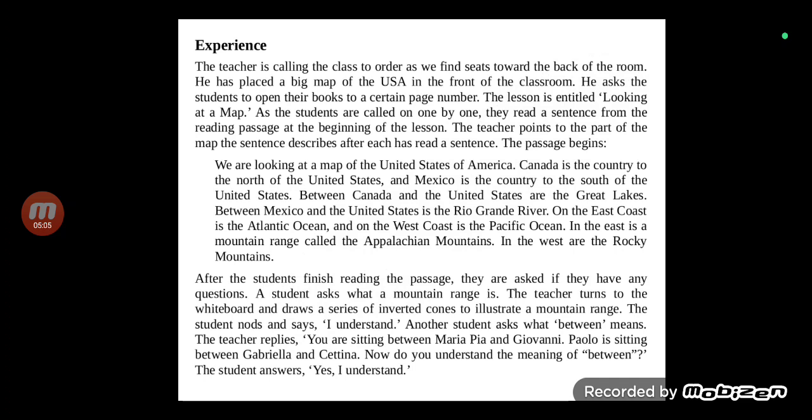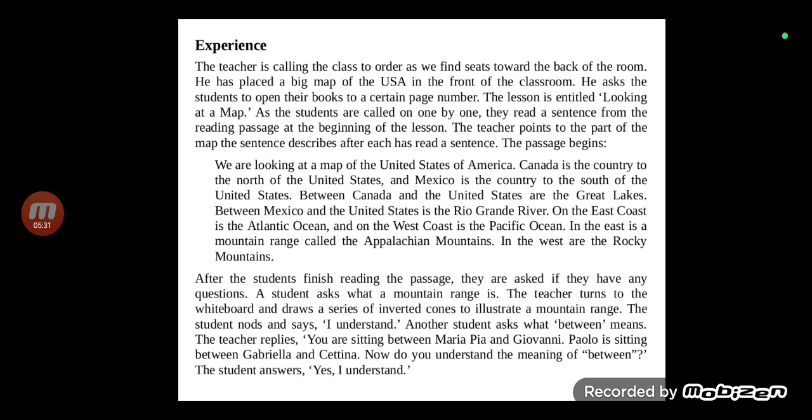So, the experience. The teacher is calling the class to order as we find seats toward the back of the room. He has placed a big map of the USA in the front of the classroom. He asks the students to open their books to a certain page number.